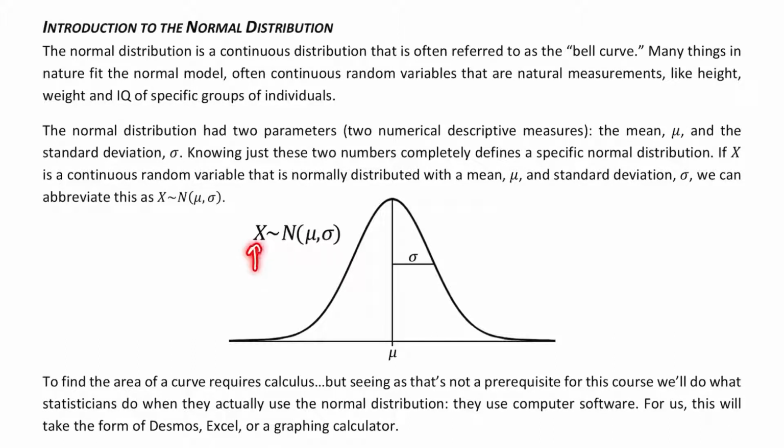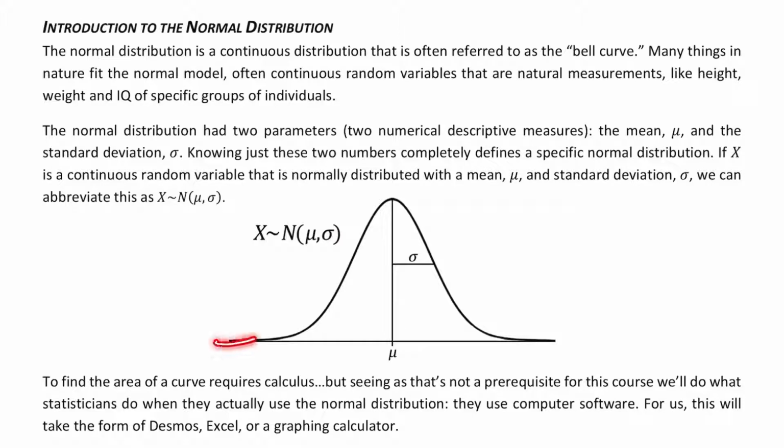We have our random variable x being modeled by, we're using this N to represent the normal model, mu to be the mean, sigma to be the standard deviation. So within this course, anytime you see a capital N followed by two numbers, the first number is always the mean, and the second number is always the standard deviation.